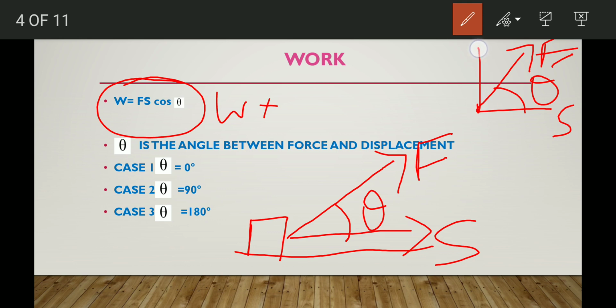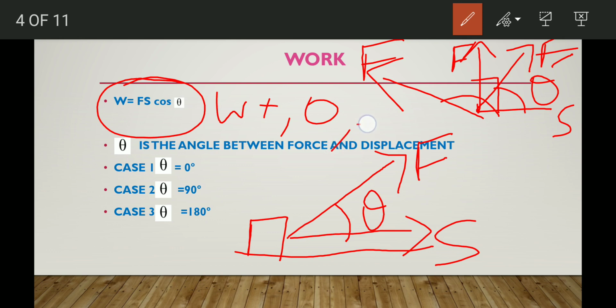If the angle between force and displacement is equal to 90, then work will be 0. And if the angle theta is obtuse, that means greater than 90 but less than 180, then work done will be negative. So let us see the 3 most probable situations.